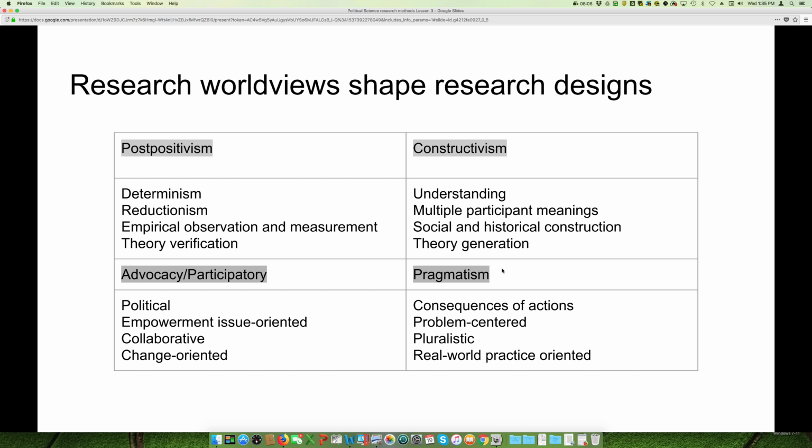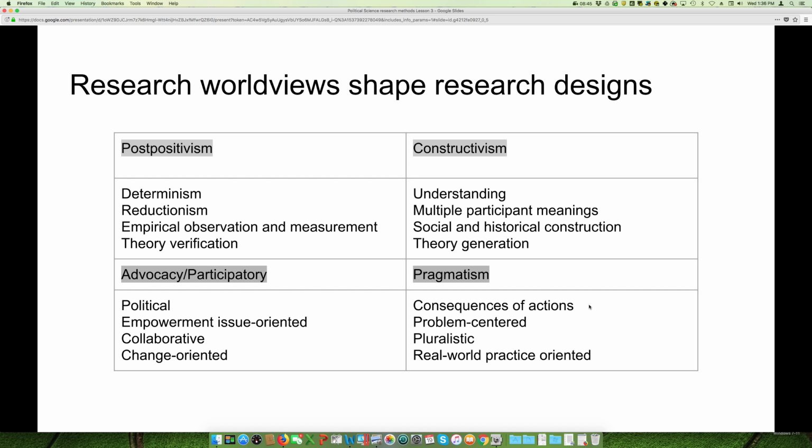And then in pragmatism, which I've used a lot in my research, since I study public policy and how policy is implemented on the ground, I've been interested in the consequences of actions when you tax people, or when you require them to get a permit for hunting that they've done generationally, or when the United States enters into a treaty which requires domestic legislation.